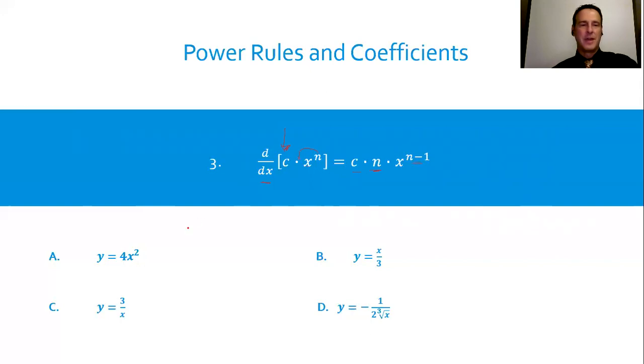All right, so if I'm taking the derivative of 4x squared, okay, I'll say y prime is equal to, the 4 will stay, and then you just move the 2 down, and then it becomes x to the 2 minus 1, which is 1. All right, and then we'll multiply that 4 times 2 together.